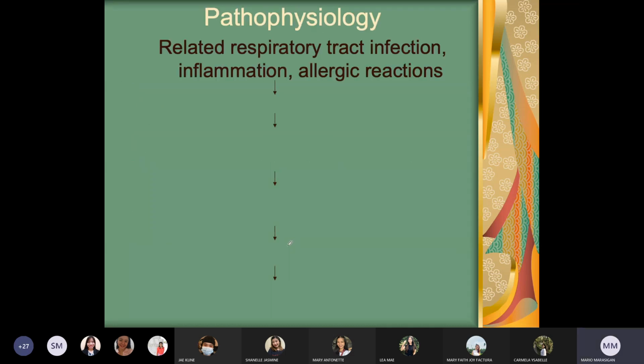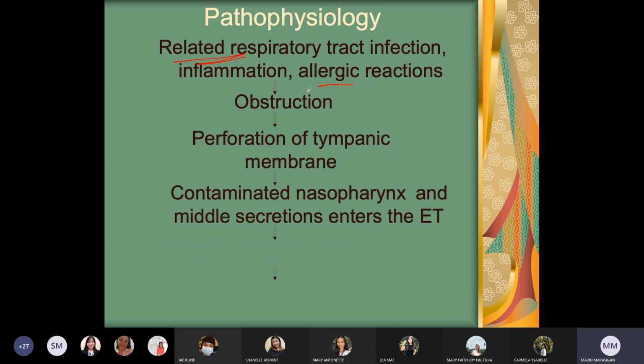For the pathophysiology, again, the cause is mainly upper respiratory tract infection or allergic reactions. It can cause obstruction in the middle ear. When that happens, pressure will increase, and it will go through the stages in our pictures, leading to obstruction and perforation of the eardrum.